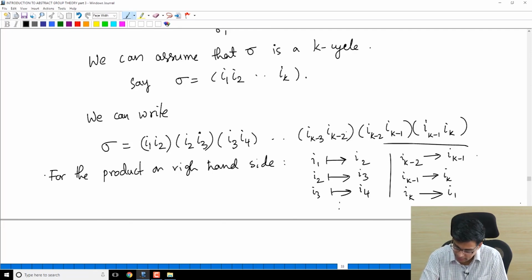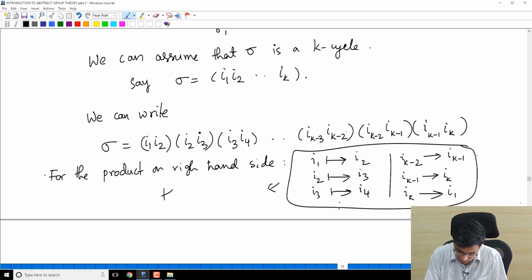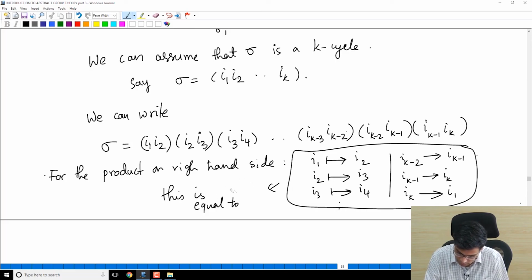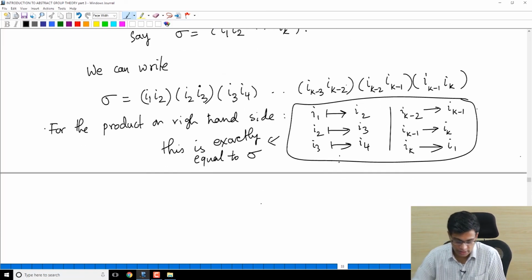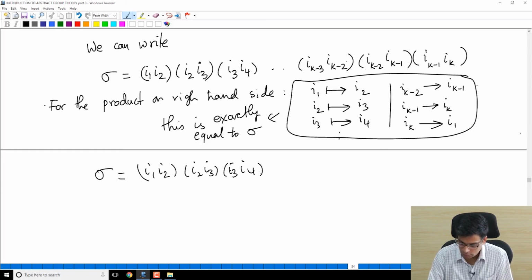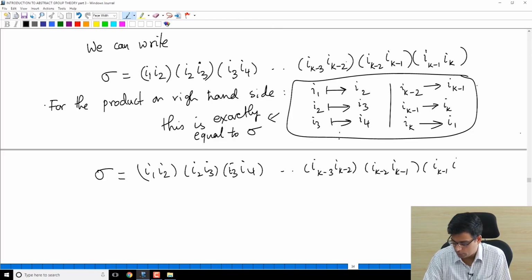But this is exactly equal to sigma. So we have shown that sigma is i1 i2, i2 i3, i3 i4, up to i_k-3 i_k-2, i_k-2 i_k-1, i_k-1 i_k.